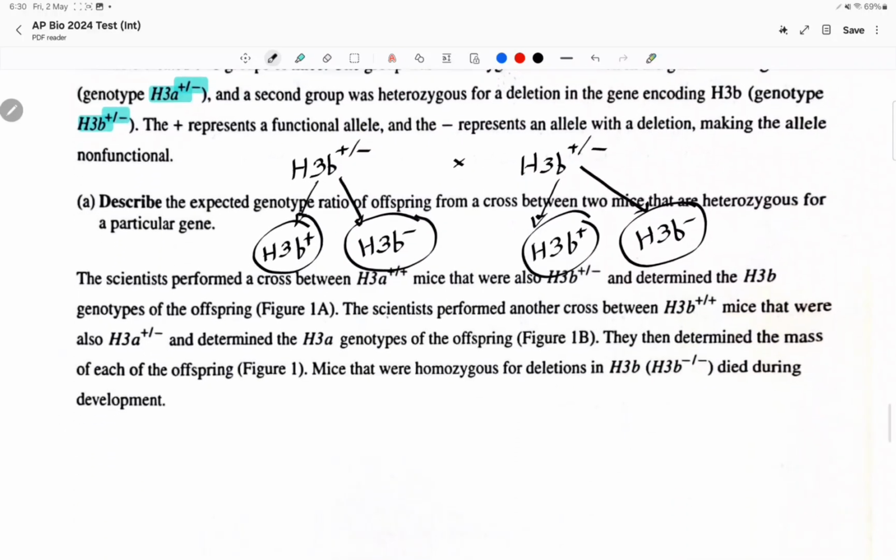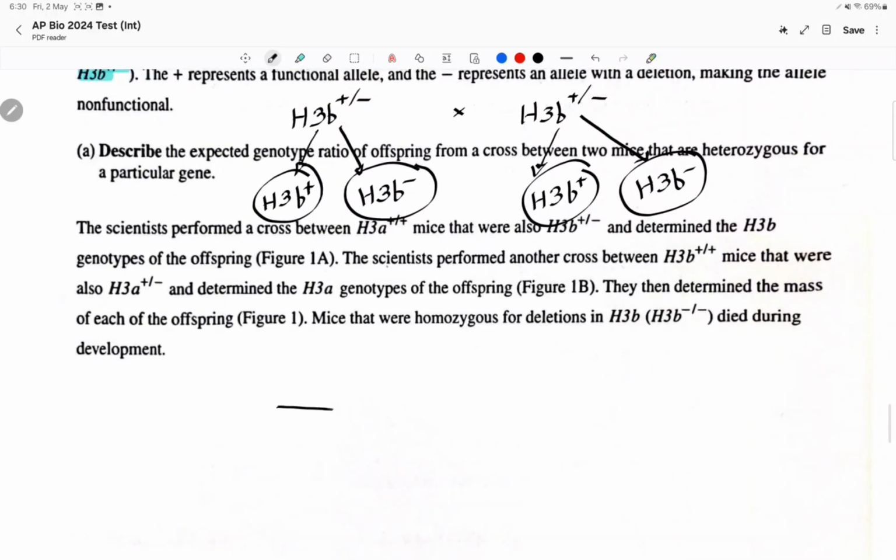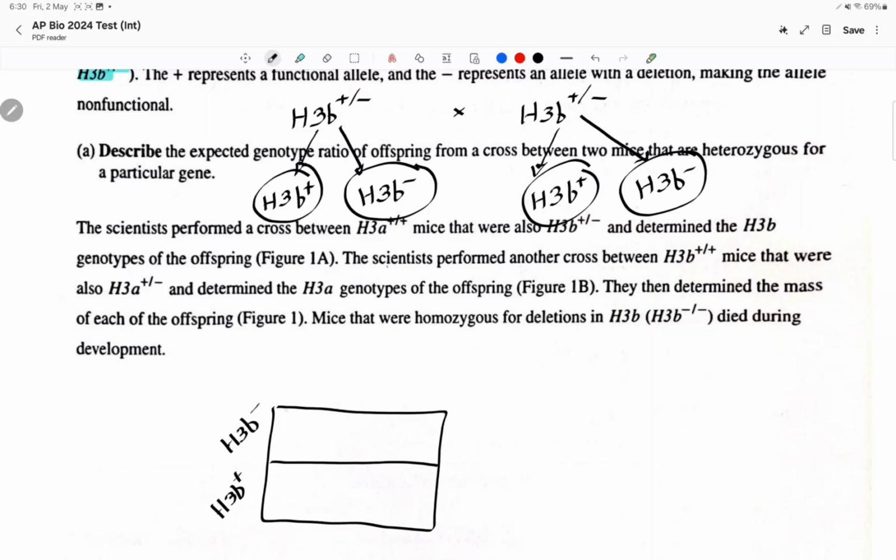Right now, if I do the Punnett square, what do I expect to get? So do the Punnett square. H3B plus, H3B minus, H3B plus, H3B minus. Shall we do it?